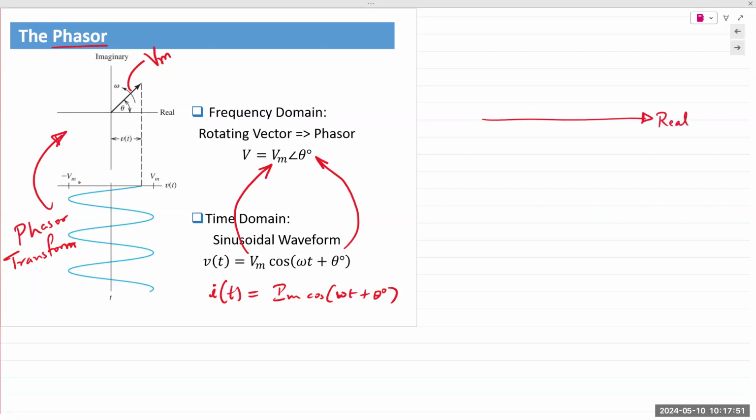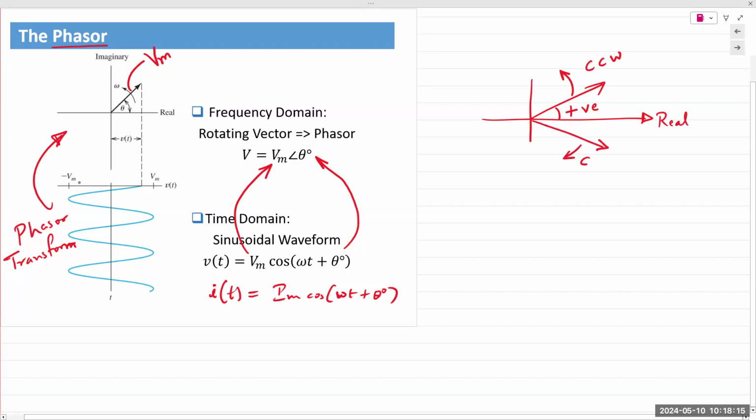This is the real axis, this is the imaginary, and this vector is rotating counterclockwise. If the vector rotates counterclockwise, the angle it makes with the real axis is positive. A negative angle is if it goes below, in the opposite direction. So it rotates clockwise and you get a negative angle.